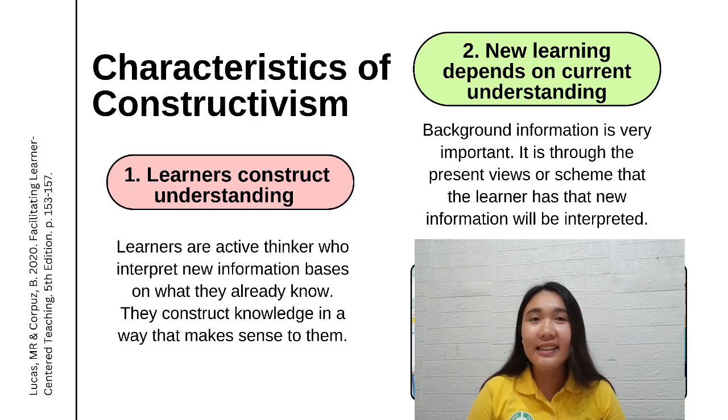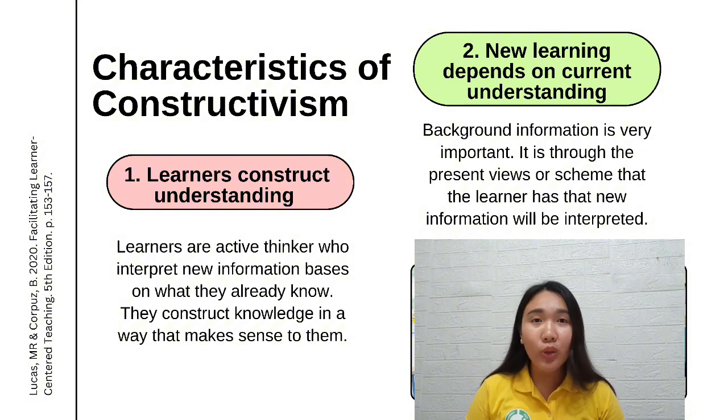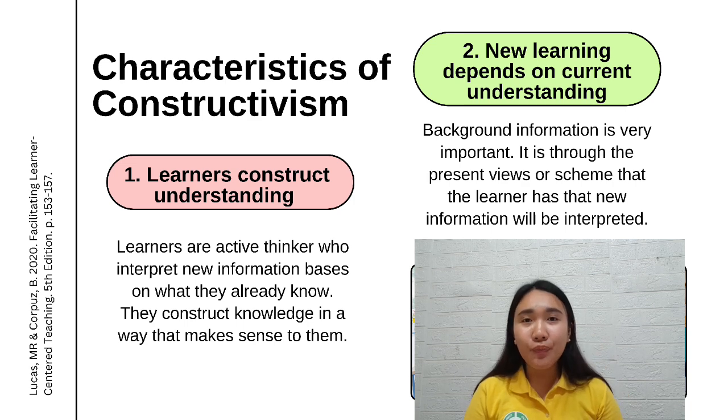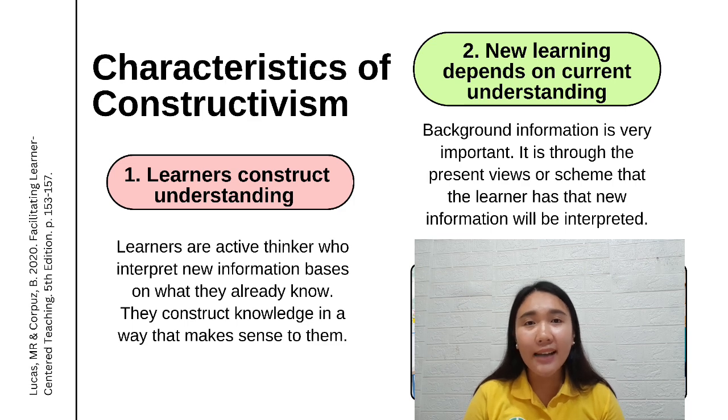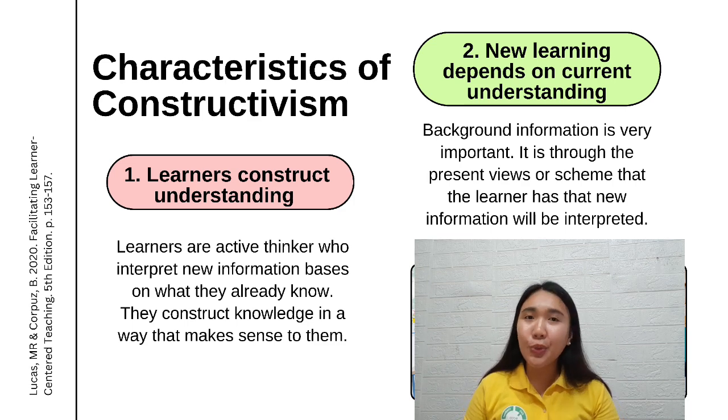It emphasizes that new learning isn't just about absorbing new information, it is about how that information interacts with what we already know. What we already know shapes how we understand new information.